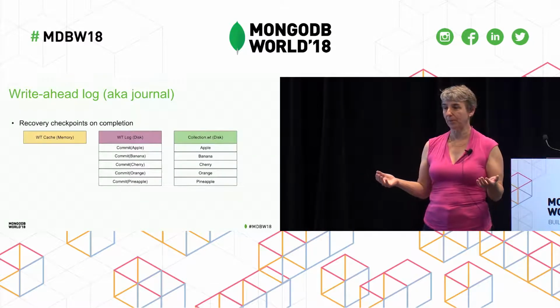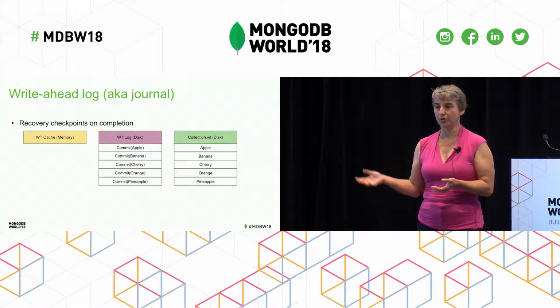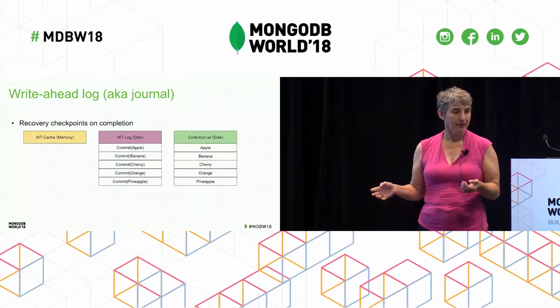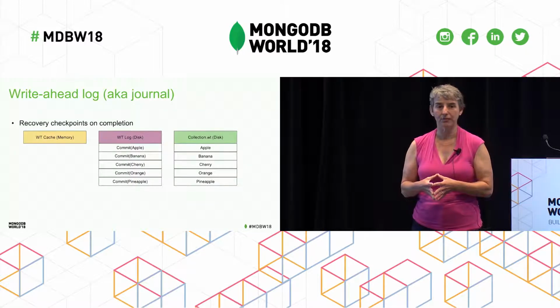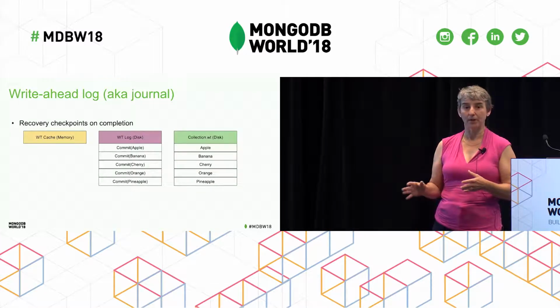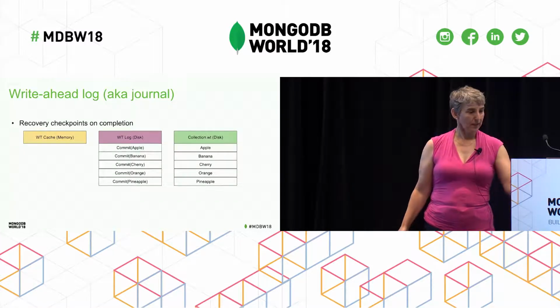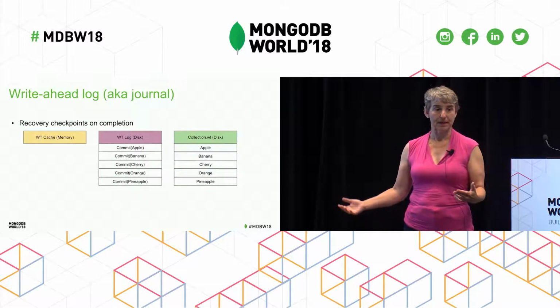So we have solved the problem. We have not lost your data here. But this works great in this tiny example. However, I'm sure you're thinking, this is not sustainable once you've got thousands of collections and indexes and weeks or months worth of updates. And you would be correct. It would take forever to replay this all the way from the beginning.